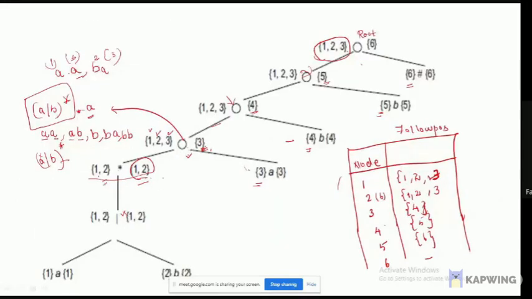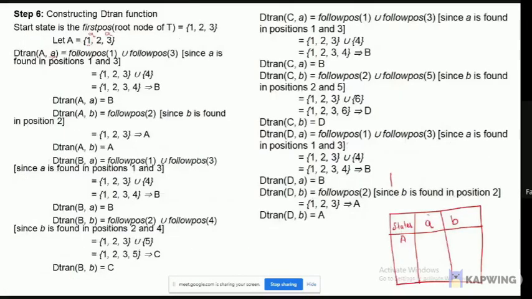If you are finding it difficult, let me write the regular expression here: (a or b) the whole star, a, b, b, hash. 1, 2, 3, 4, 5.